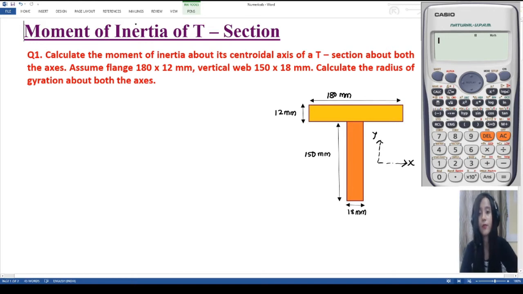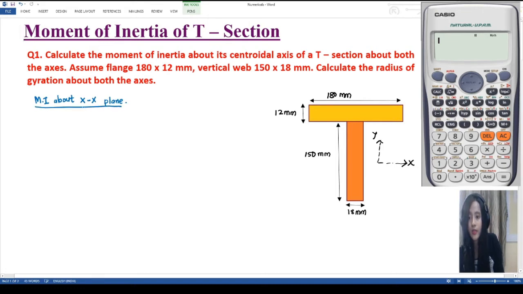So let us solve the numerical. Let us first find moment of inertia about x plane.